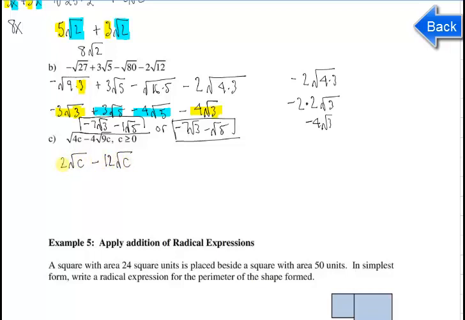So remember, you only simplify by combining the coefficients. So 2 minus 12 is negative 10, and you leave your radical as is. And so your answer is negative 10 root c, where c is greater than or equal to 0. And that concludes example 4.